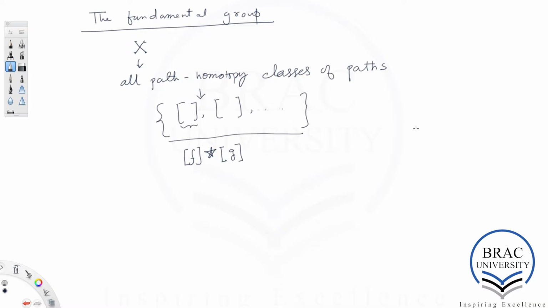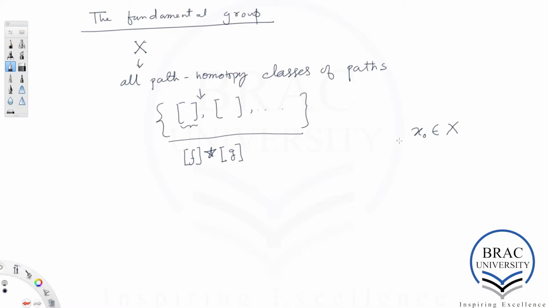If I pick out a distinguished point x0 in X, and I only consider the path homotopy classes of loops, by loop I mean a path that begins and ends at the same point.